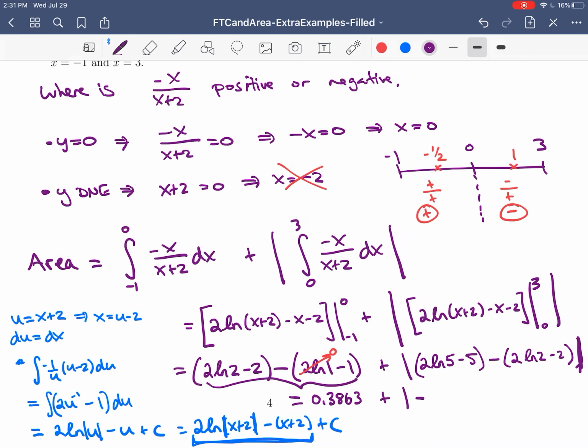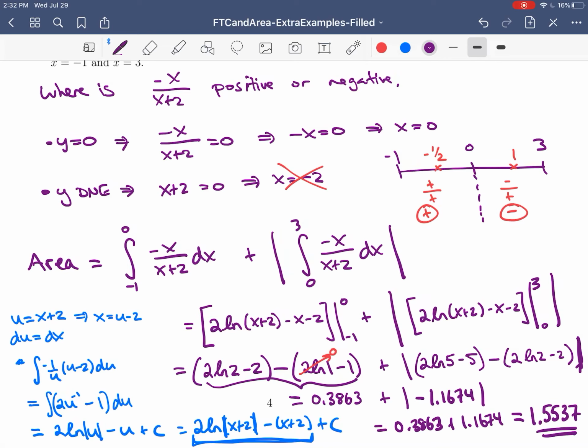Inside the absolute value, I have negative 1.1674, and obviously I'm going to take the absolute value of that. So it's 0.3863 plus 1.1674. My final area is going to be 1.5537.